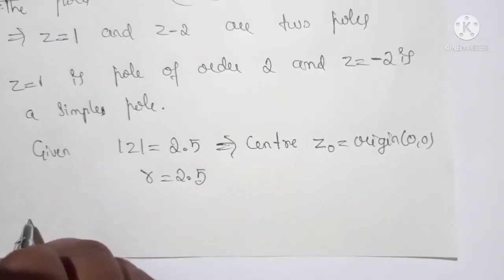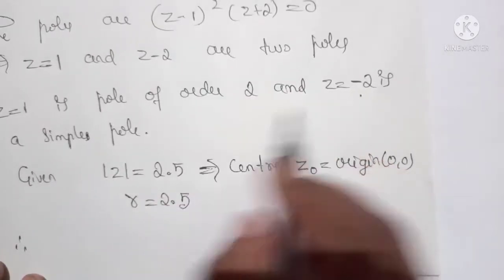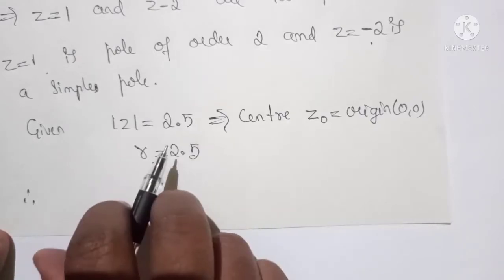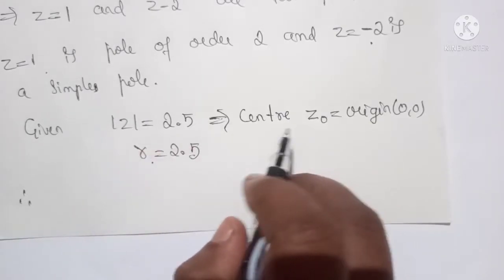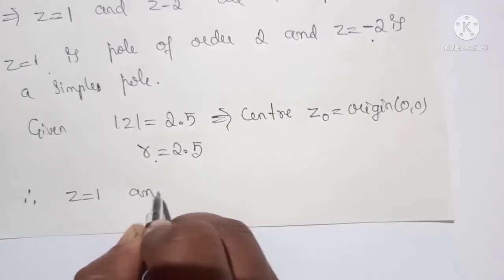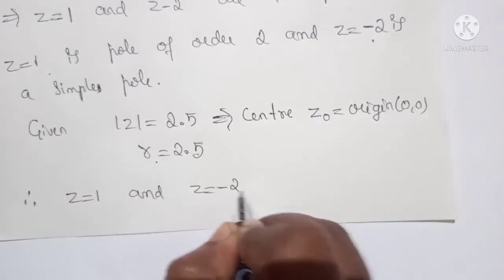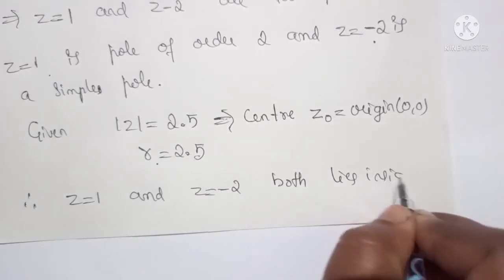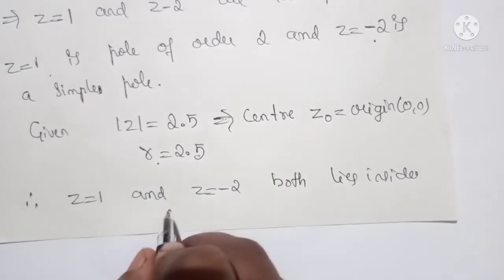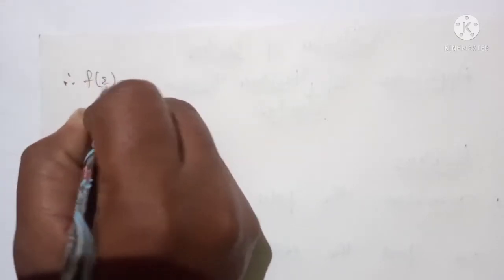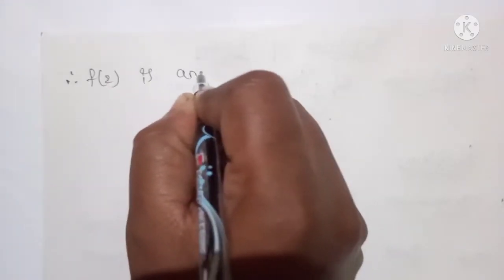Therefore minus 2 and 1 are both less than this radius, that is, they lie inside the given circle. Therefore z equals 1 and z equals minus 2 both lie inside the circle.